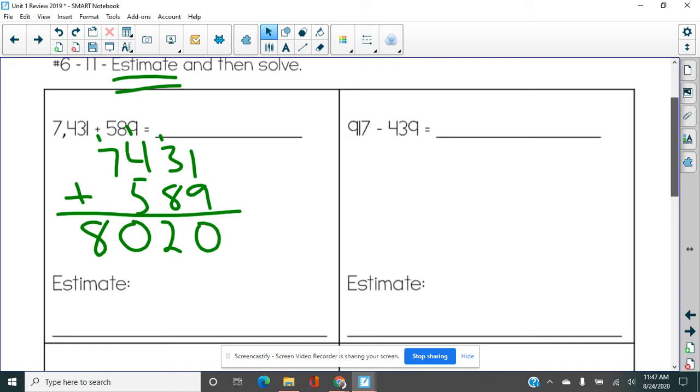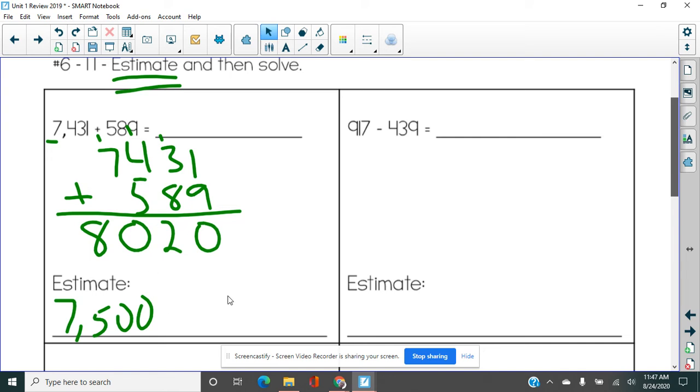You probably are going to do this too. I needed to estimate. So I'm going to estimate this. Let's see, I could either round it to 700 or 7,500. I'm going to do 7,500 because it's pretty close to that. This is close to 600.